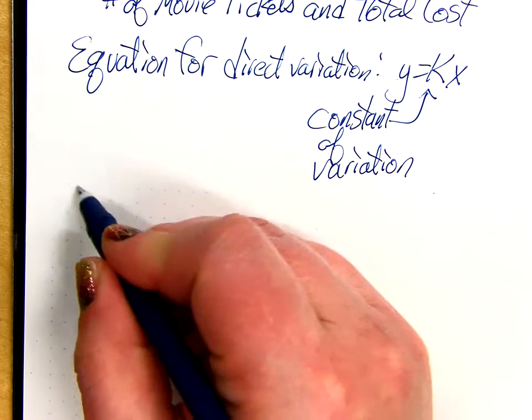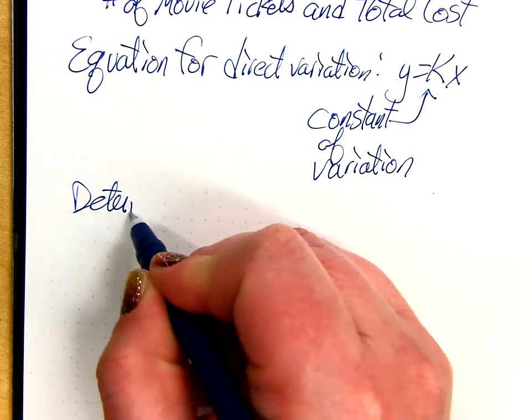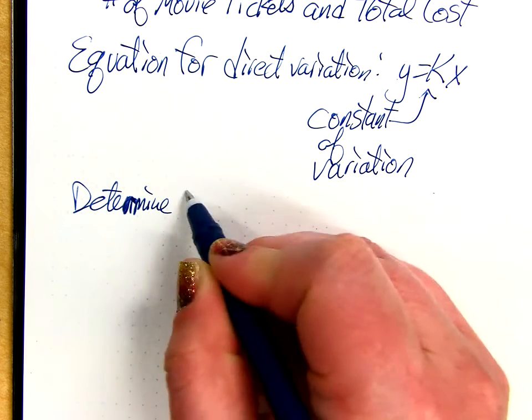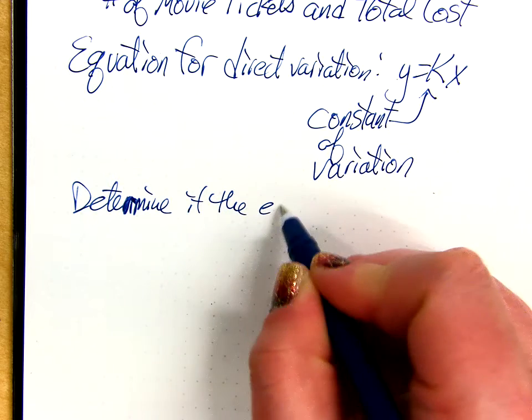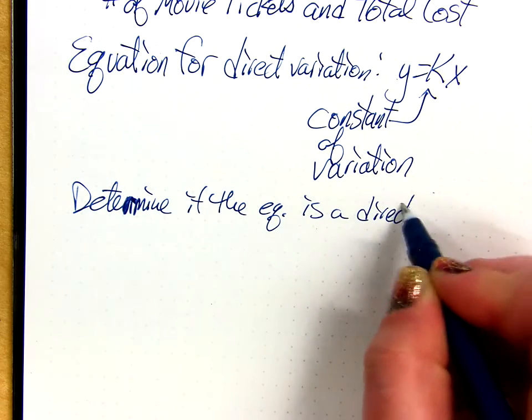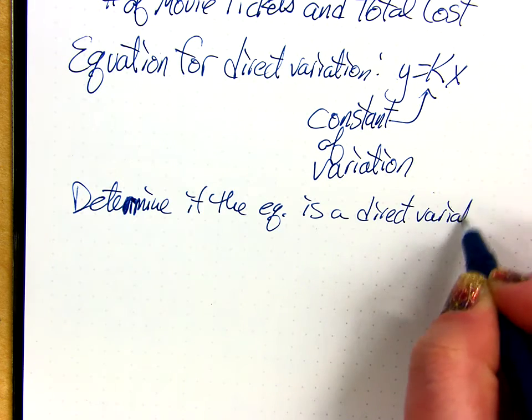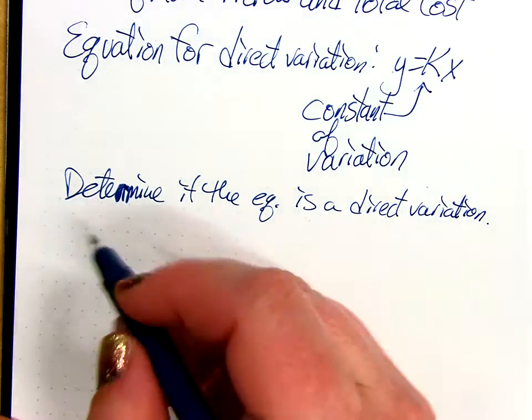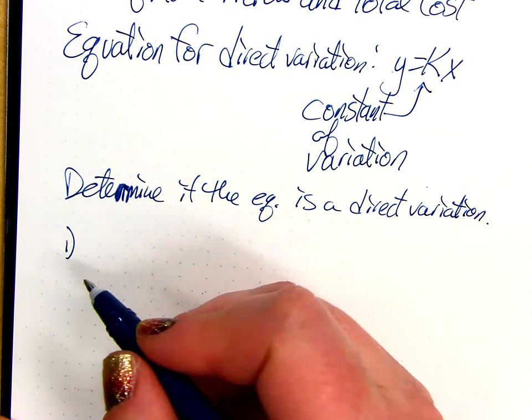All right. Determine if the equation is a direct variation. So let me give you a couple.